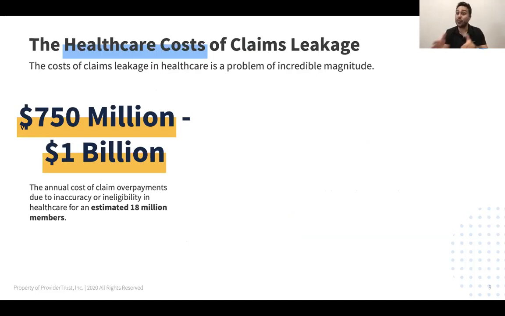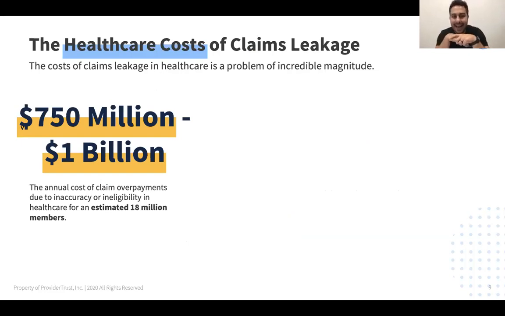So then if we go a little bit more specific on the next slide, let's talk healthcare. So the healthcare costs of claims leakage, we know that this is a growing problem. We have seen through our partner and client health plan organizations that it continues to grow as we all navigate COVID-19. A couple of quick healthcare facts for you.